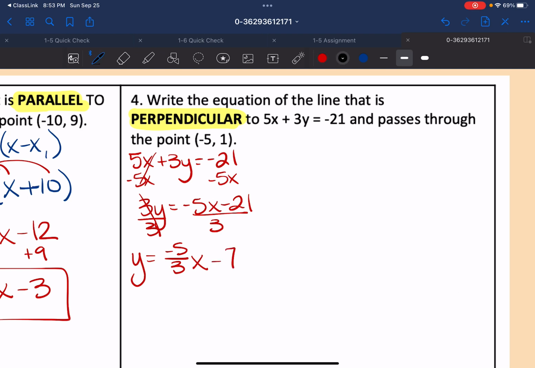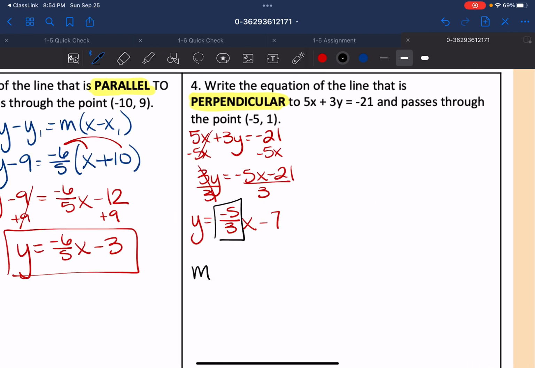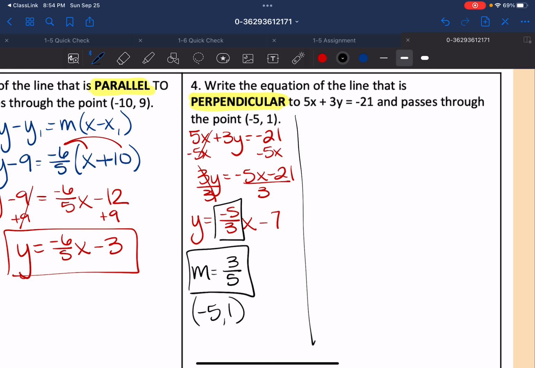Again, the only thing that we need from this equation is our slope. And because we want them to be perpendicular, remember we're going to take our slope and do the opposite reciprocal. So we're going to flip it, and we're going to change the sign, making it positive. So this is the slope we want to use, and then we'll bring down the point that's given. Now we're ready to take those two things and plug them into point-slope form.